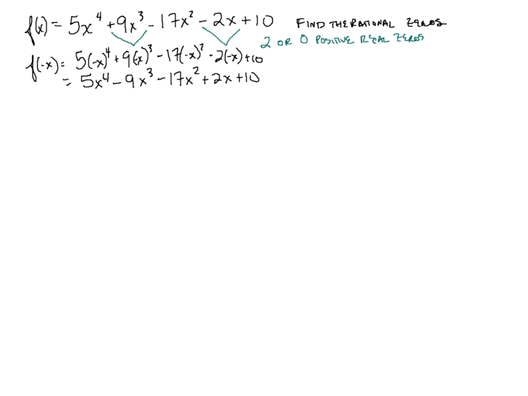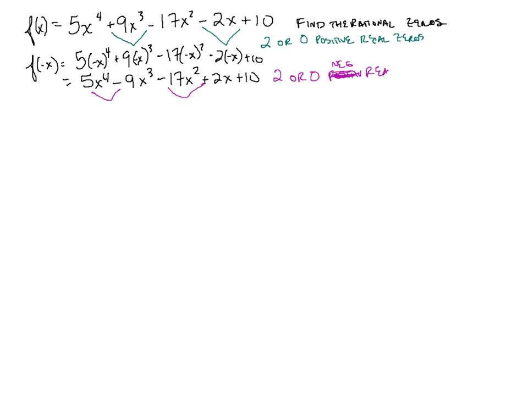And now note the sign changes with that. So I have a sign change here, here. So I'll either have 2 or 0 negative real zeros.